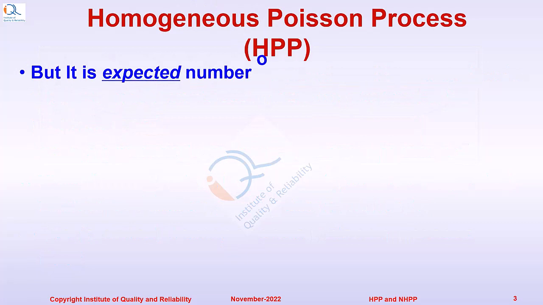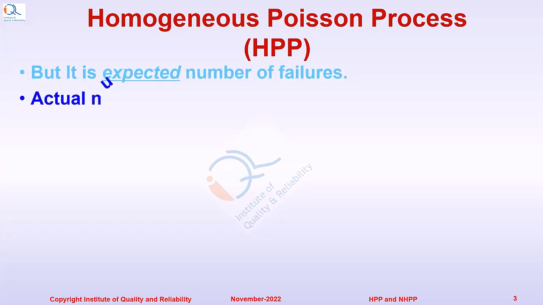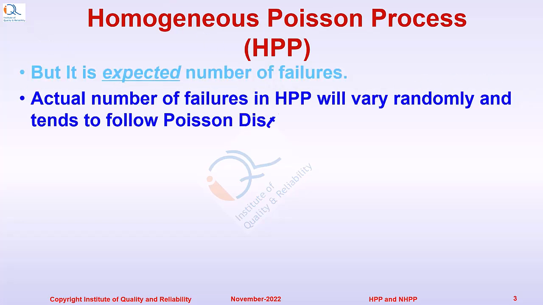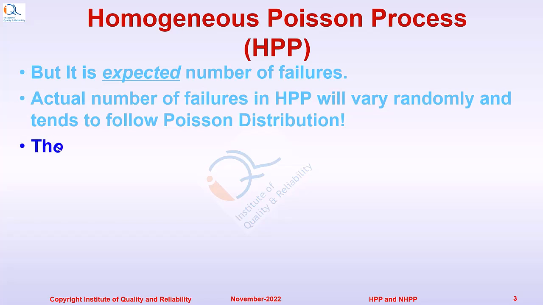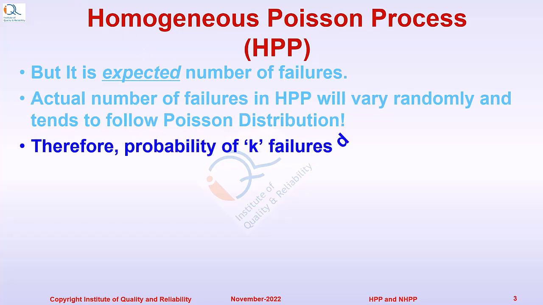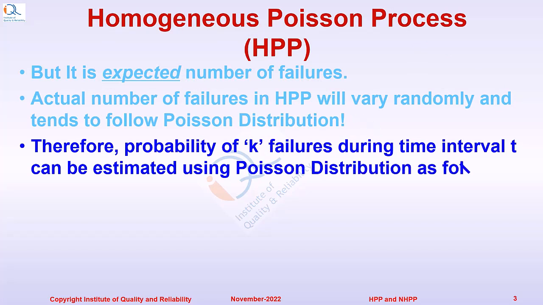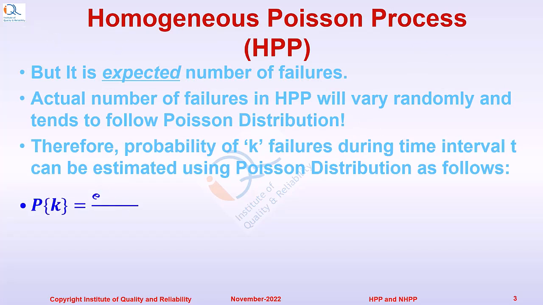But we must understand that lambda t is the expected number of failures. Actual number of failures in HPP will vary randomly and will tend to follow Poisson distribution. Therefore, probability of k failures during time interval t can be estimated using Poisson distribution as follows.